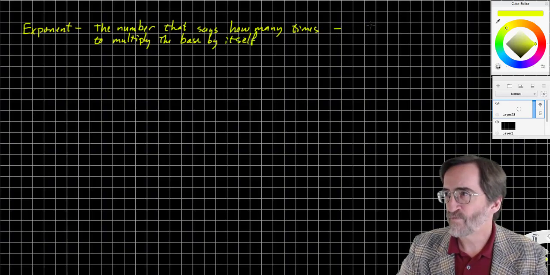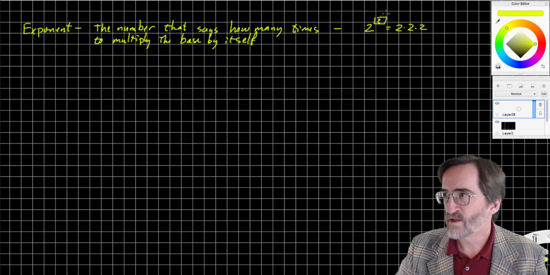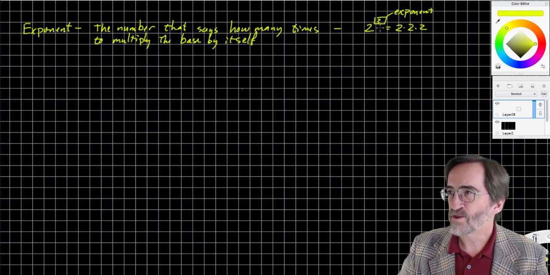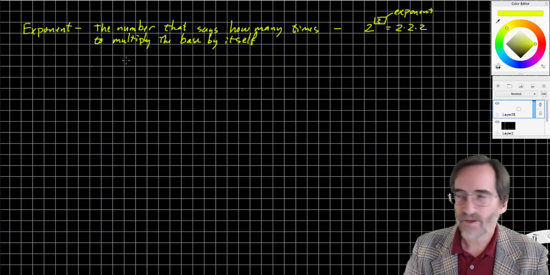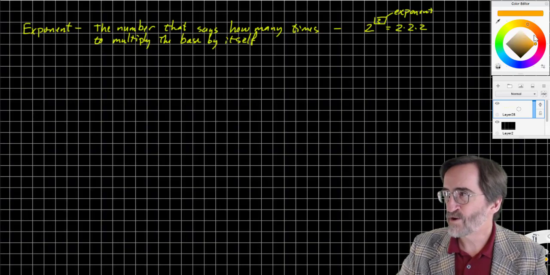Here's my example. 2 to the third equals 2 times 2 times 2. 3 is the exponent. Notice that 3 does not appear in the expansion of 2 times 2 times 2. It just tells me how many 2's to write.